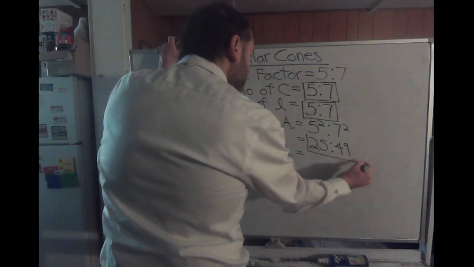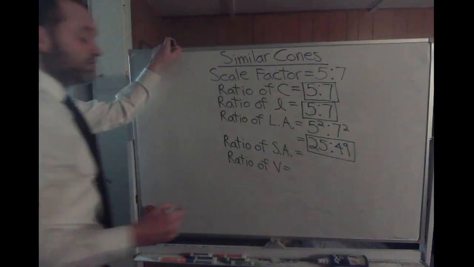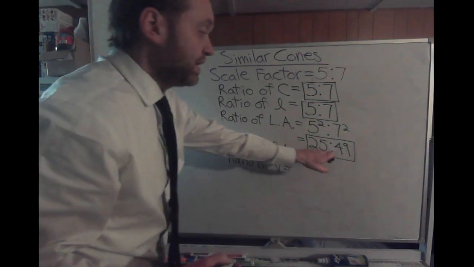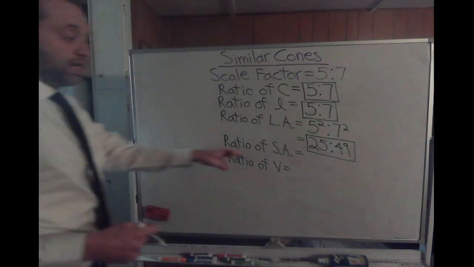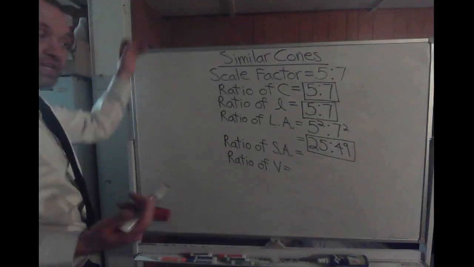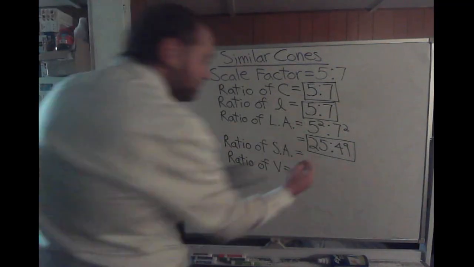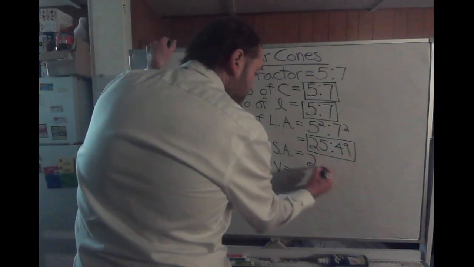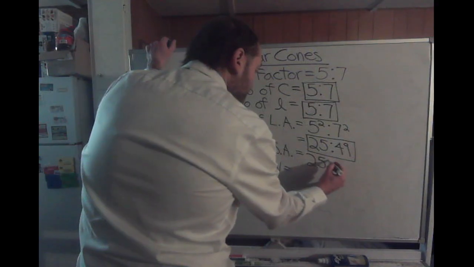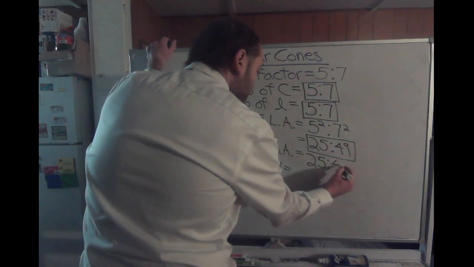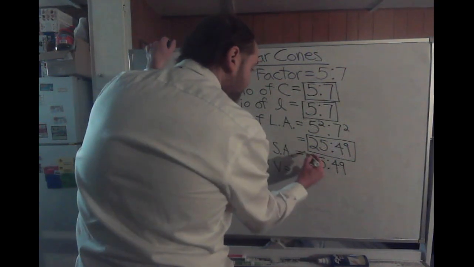So the ratio of your lateral areas of the cones would be 25 to 49, which means the ratio of your surface areas would be the same, because area is area as far as ratios are concerned. So the ratio of your surface area would be 25 to 49.